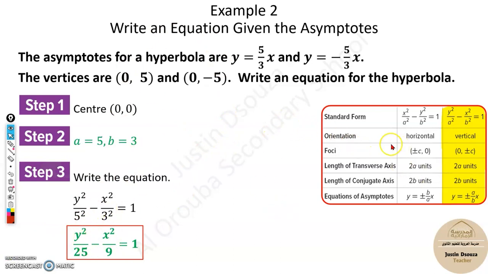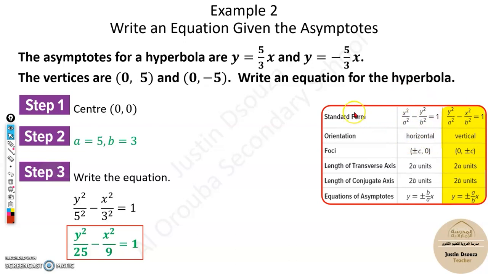Before ending this problem, please be thorough with both the orientations, because if you only study one orientation, it's not possible to solve. You need to thoroughly understand this, because you need to analyze the figures, make a picture in your mind, and realize the standard form, how it is connected. When it is horizontal, this is the formula.